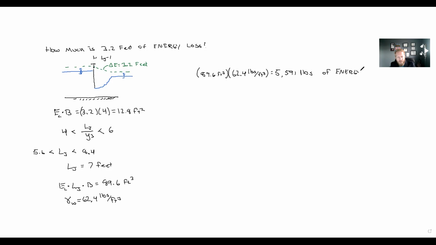So now we're starting to look like there's a lot of energy loss across here. Even for a weak jump, we're burning up a lot of energy. Or if you turn this into tons, we can say this is 2.8 tons of energy loss across the gate and the hydraulic jump.